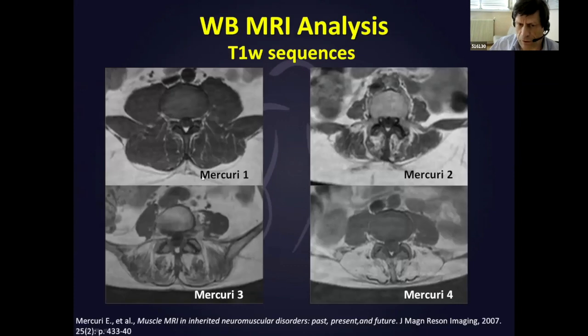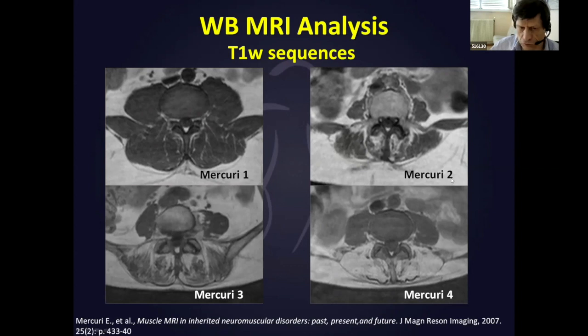An example of the Mercuri classification for muscle of the back. Here you have a normal aspect of muscle without fatty replacement. It's Mercuri 1. Here you have subtle fatty infiltration into muscles, less than 30% of the muscle.